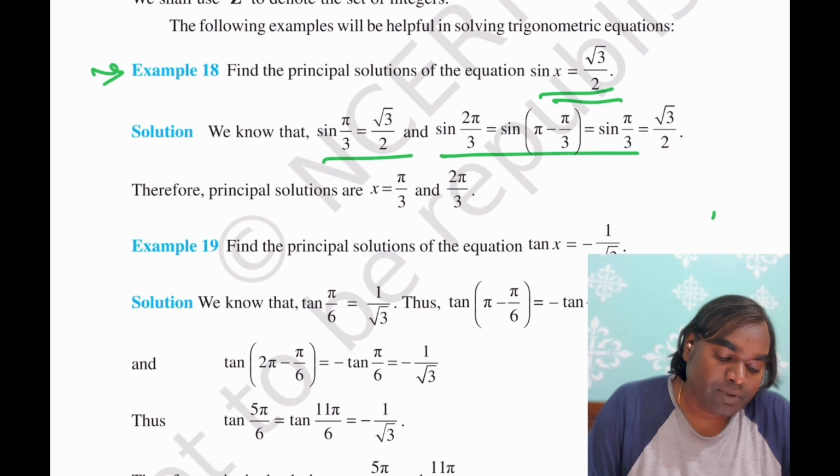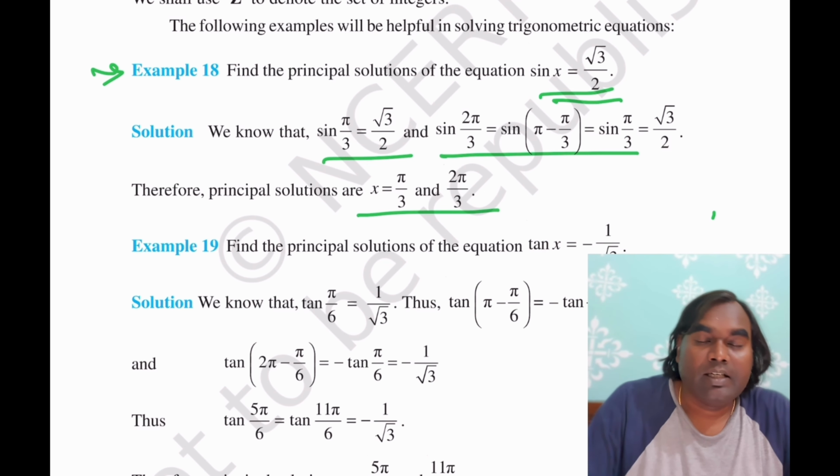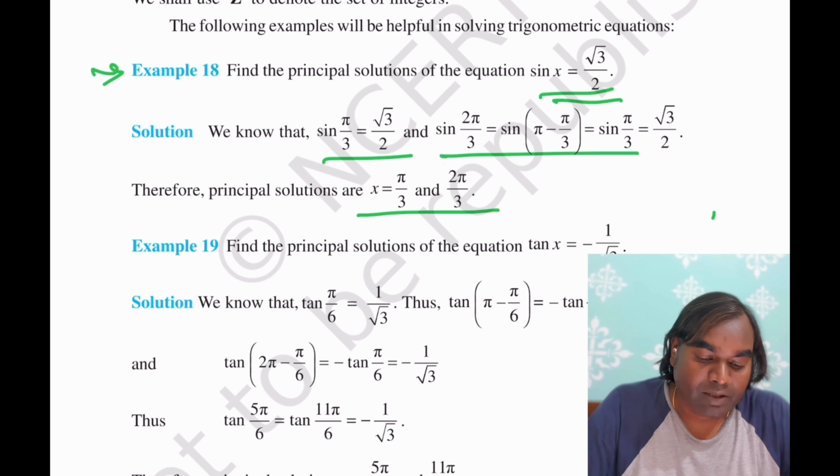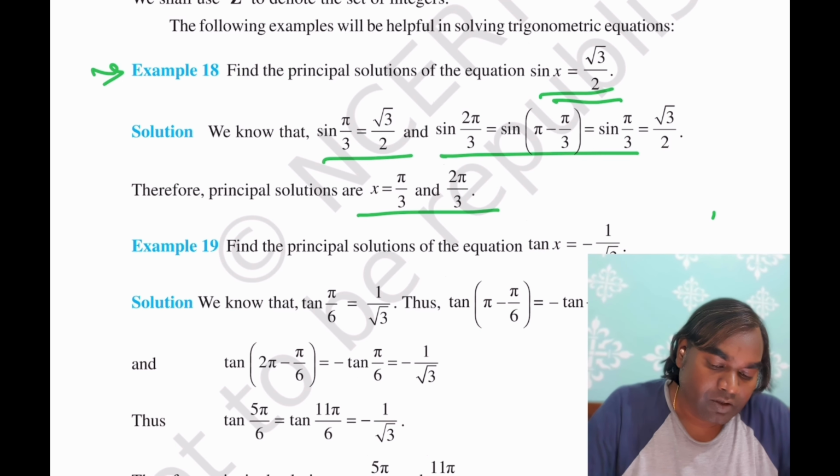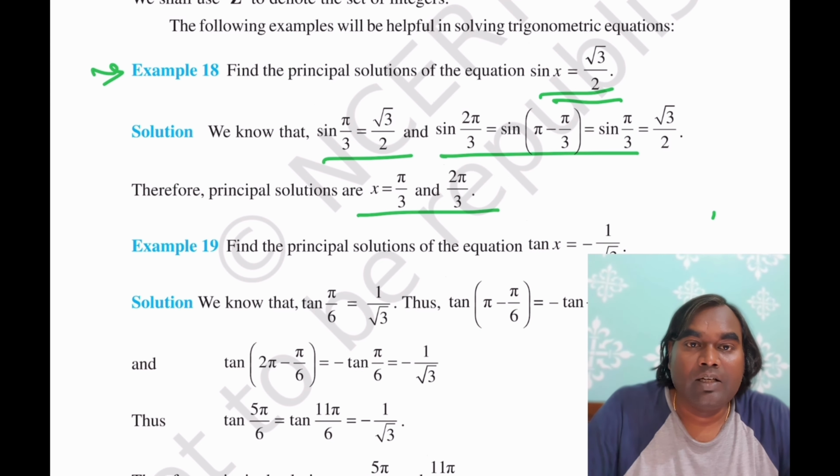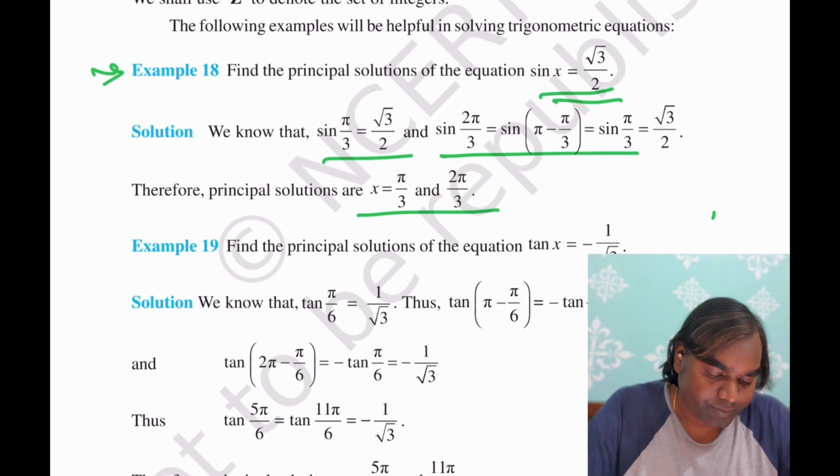That means the principal solutions are x equal to pi by 3 and 2 pi by 3, because sin is positive in two quadrants, quadrant 1 and quadrant 2. So you get the two values.